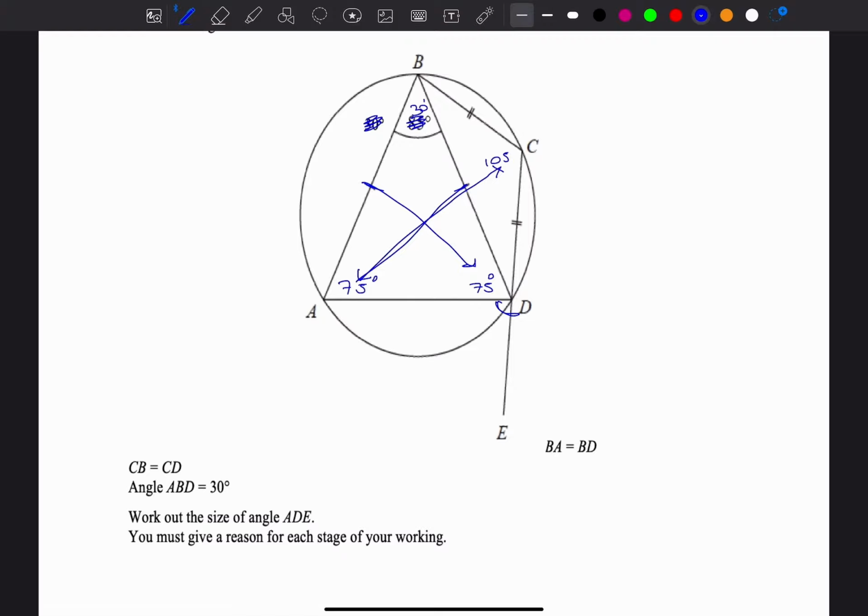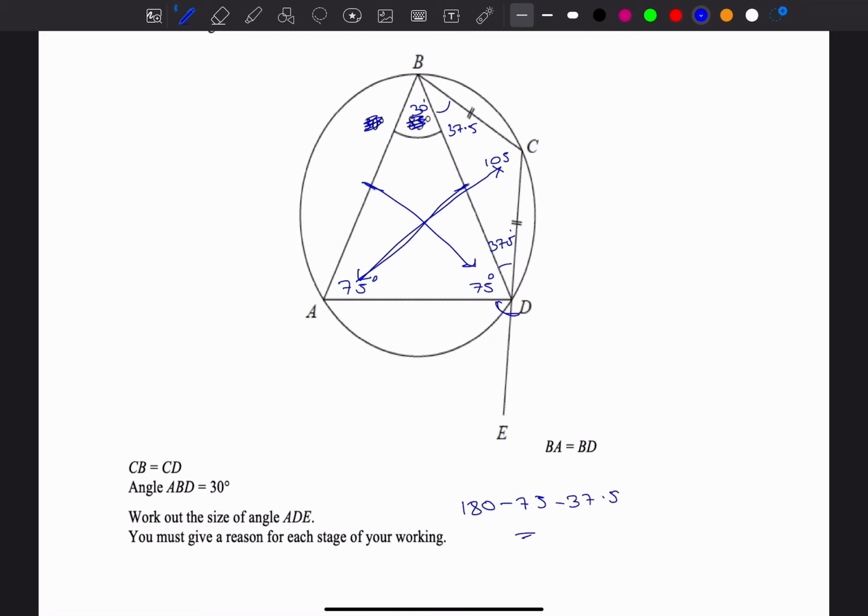If that's 105, remember, these are isosceles triangles so the base angles are the same. So 180 minus 105 is 75, divided by 2 is 37.5. And how much is that? So that's 180 minus 75 minus 37.5.